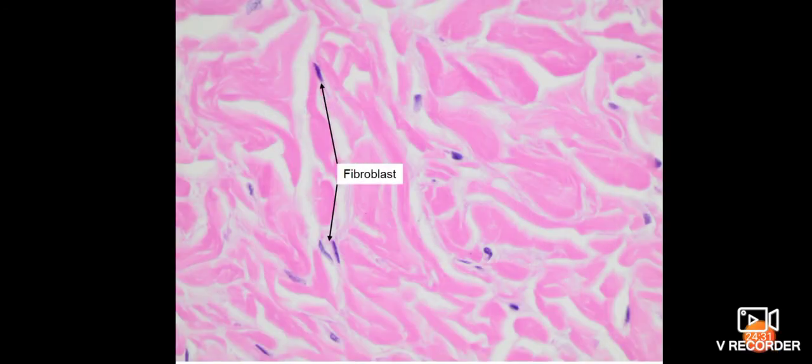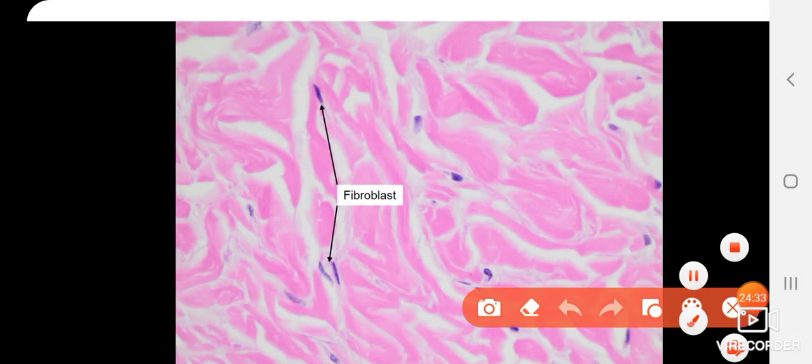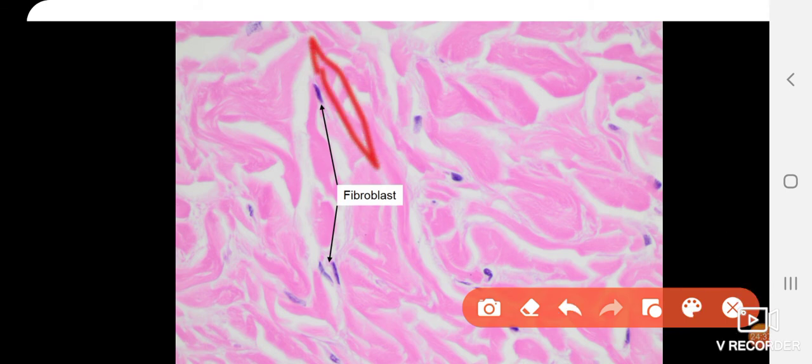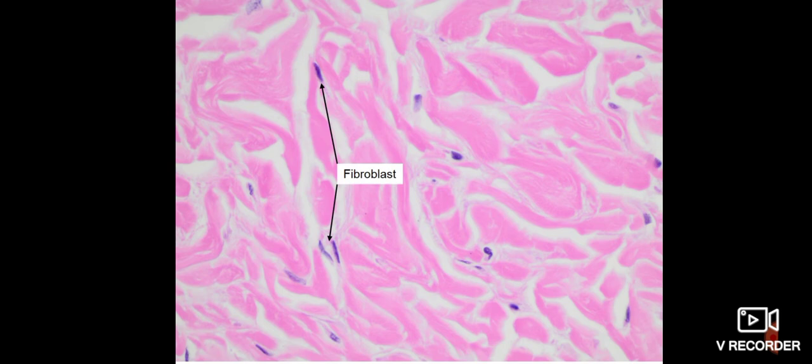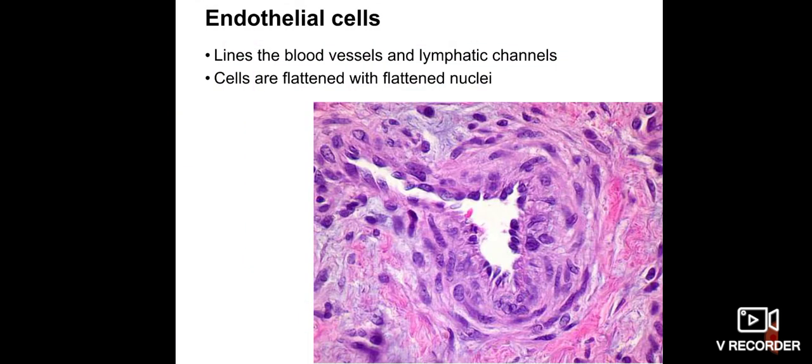So when you see this picture, you can see these are fibroblasts, and their nuclei are tapered like this. So these are your fibroblasts. Eosinophilic cytoplasm stained with eosin. Hematoxylin will stain the nucleus blue, and these are spindle cells with tapering end.